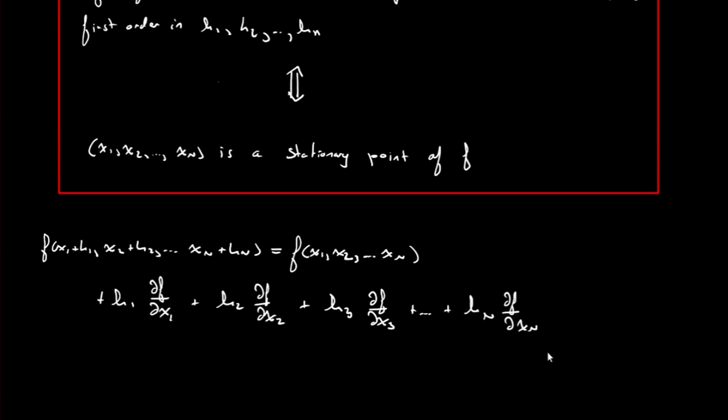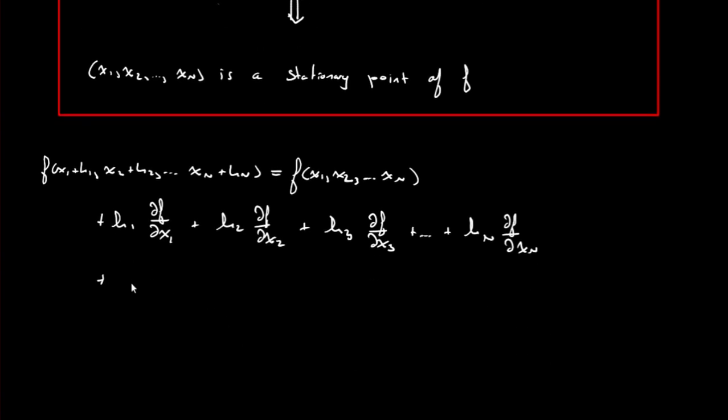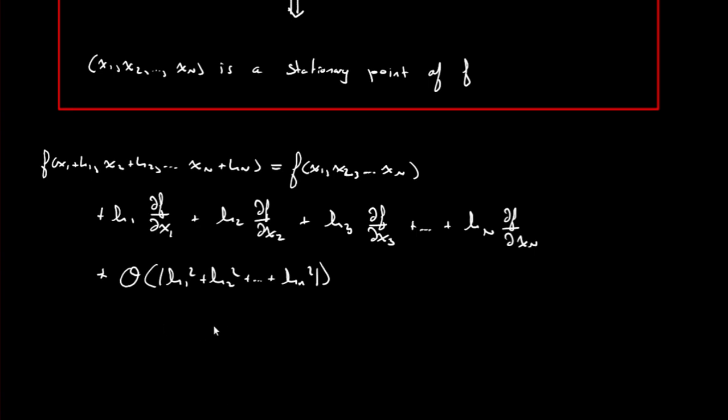And we know that there are going to be second order terms and third order terms and fourth order terms and so on, but we package them up the same way we did before in this big O of mod h1 squared plus h2 squared plus dot dot dot plus hn squared. So this is the norm of the displacement. So any term that goes like h1 squared, h2 squared, all the way up to hn squared, or any order higher than that, we treat as negligible.